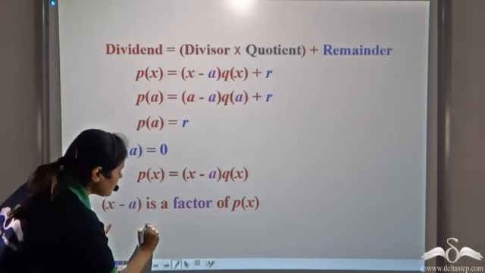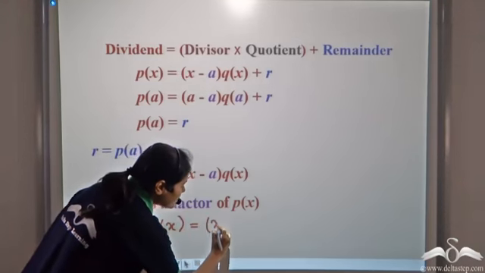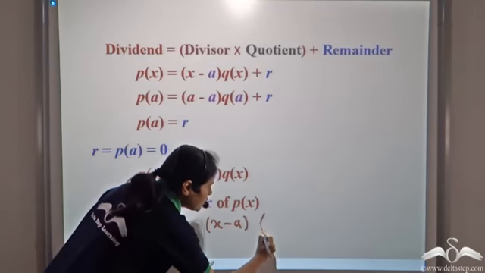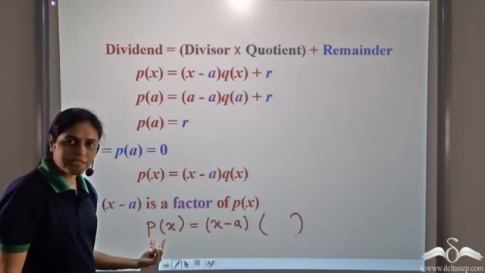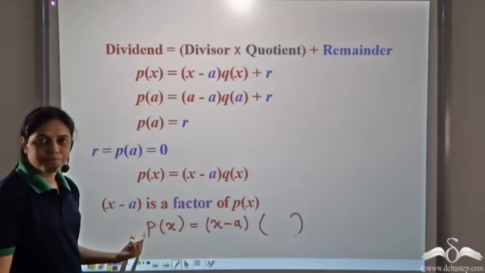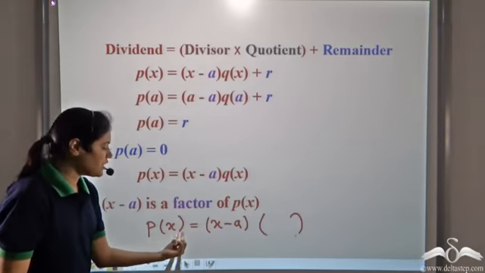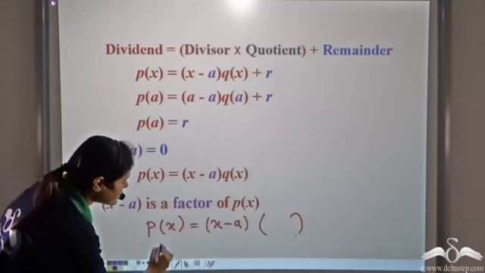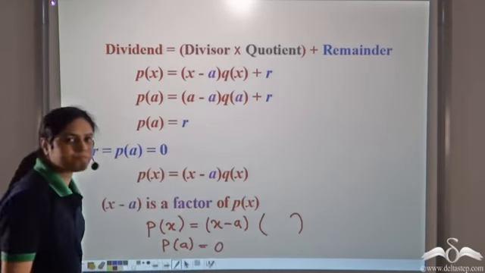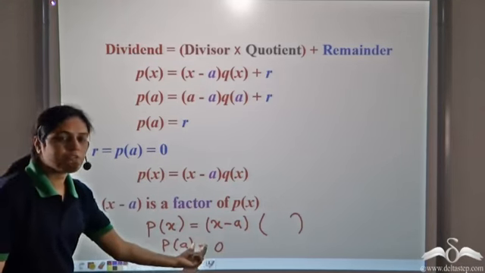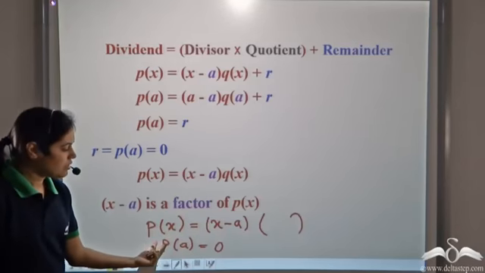So we can write p(x) as x minus a into something. Now what if we substitute a here? Substituting a on both sides, we get p(a) equal to 0.